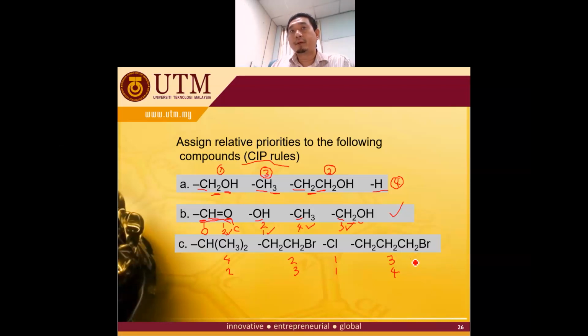No, only these two, right? So we check together. Number one is clear-cut, because chlorine has a higher atomic number than carbon. So this is number one. Then these three groups have a carbon. This carbon is bonded to one carbon and two hydrogen.